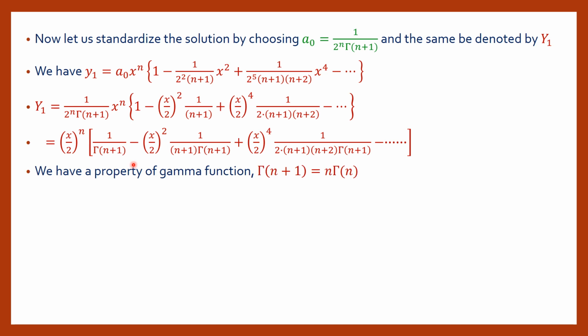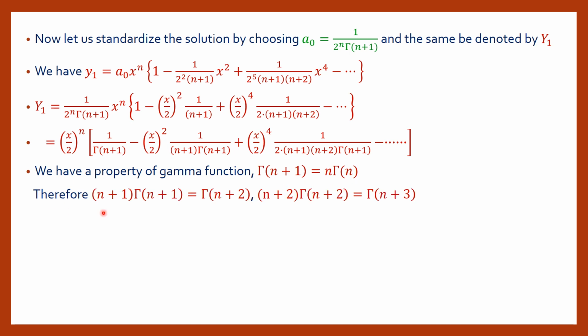Now we use the property of gamma function, that is gamma of n plus 1 equals n gamma n, or n plus 1 into gamma n plus 1 can be written as gamma n plus 2, or n plus 2 into gamma n plus 2 written as gamma n plus 3. This we will use in the summation here.